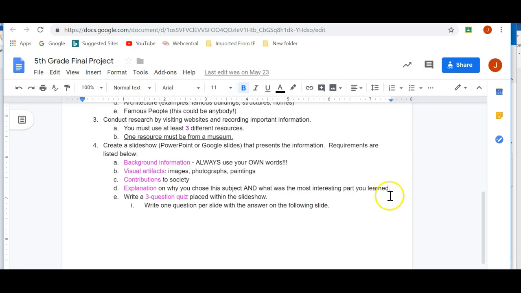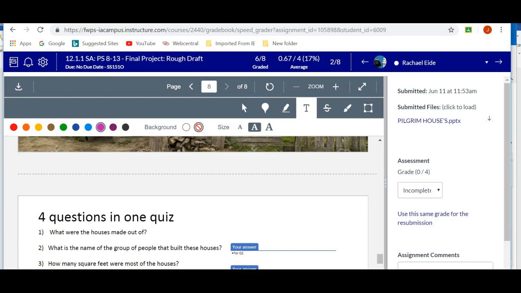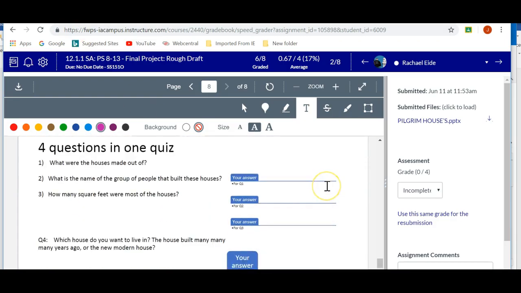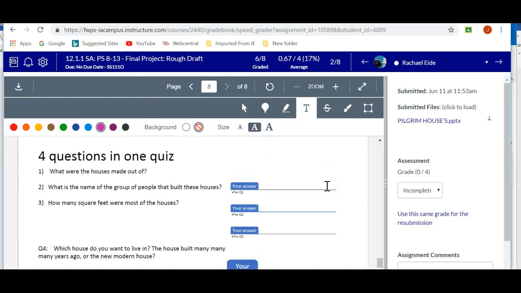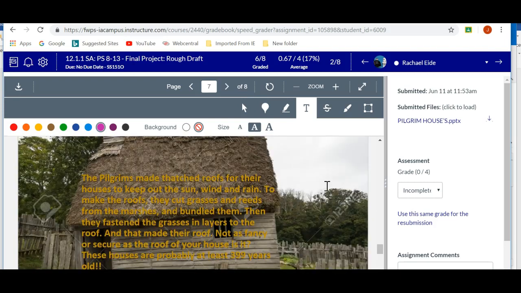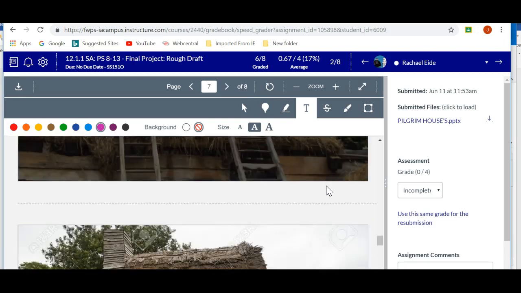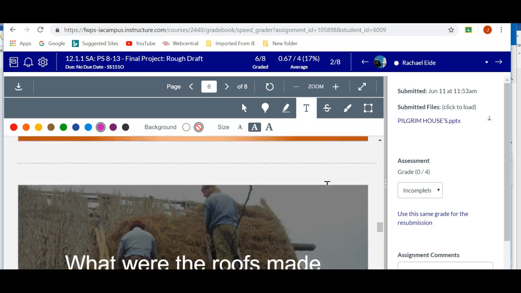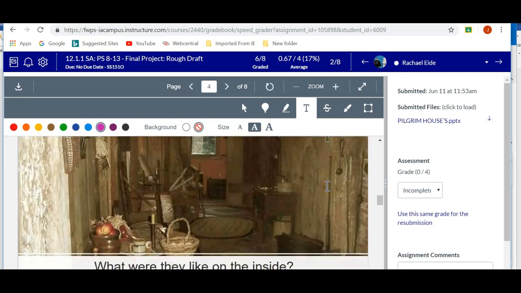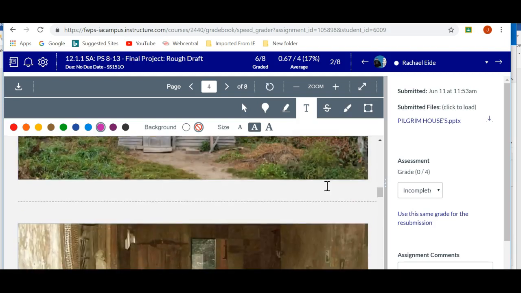Now this one should be easy, but it is missing from your rough draft, an explanation on why you chose the subject and what was the most interesting part. So, just looking at your rough draft, I am going to guess that you are somewhat interested in houses or architecture.